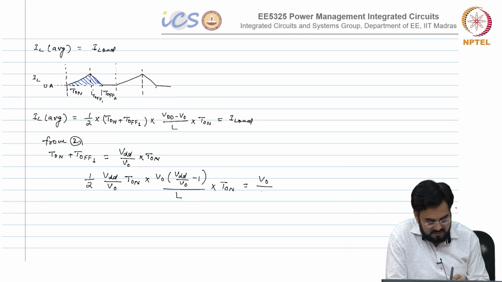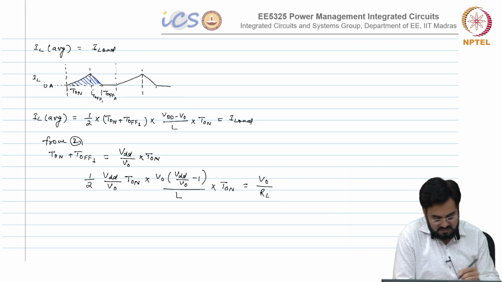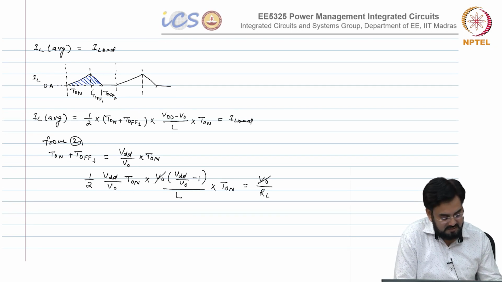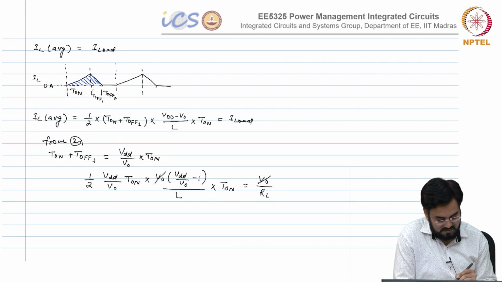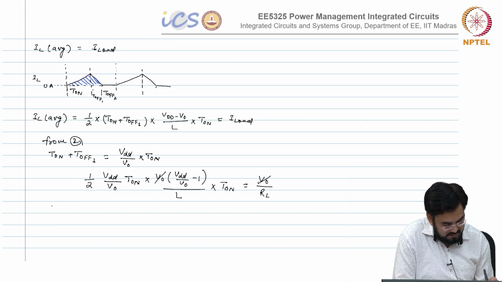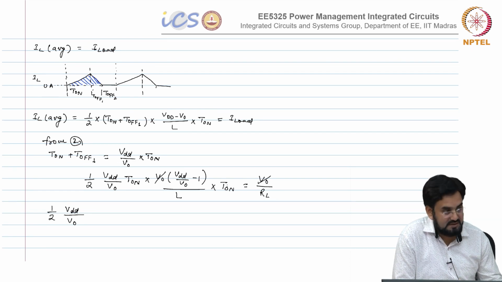V out over RL. So this guy will go away. Half of VDD, V out. So now we have two T ons, T on square.